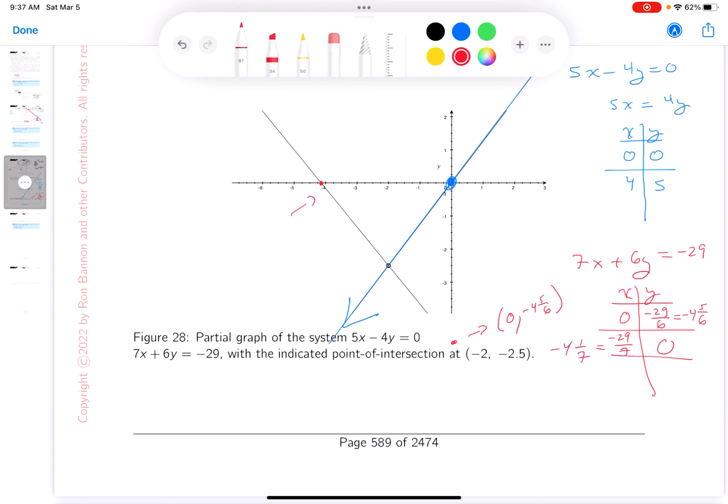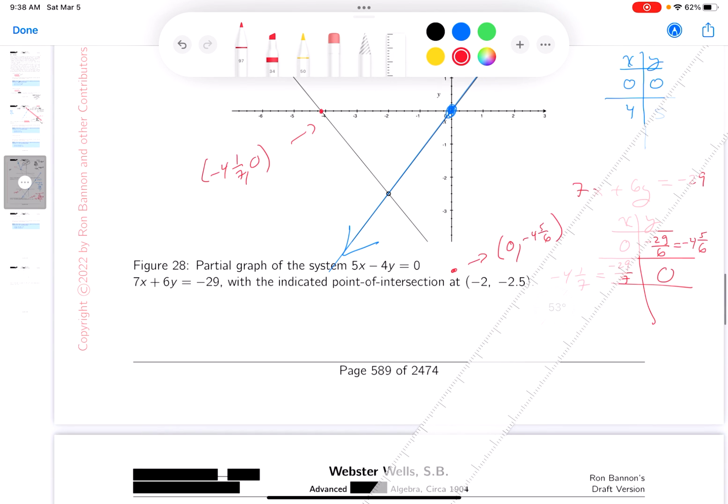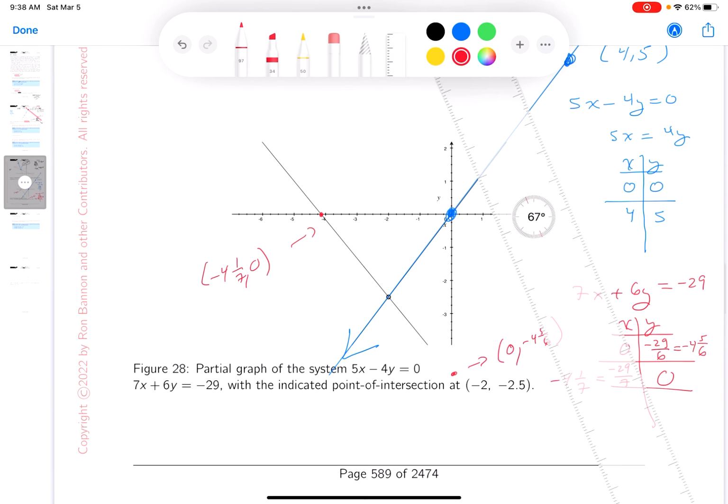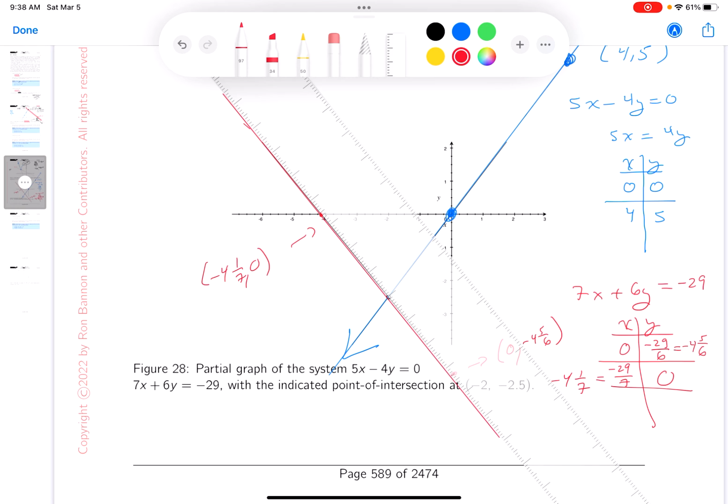And this point over here is going to be minus 4 and 1/7, comma 0. I'm going to get my ruler out. And again, I really want to tell you how imprecise this method is. I'm going to draw my line now. I'll do that. Let me get rid of my ruler.